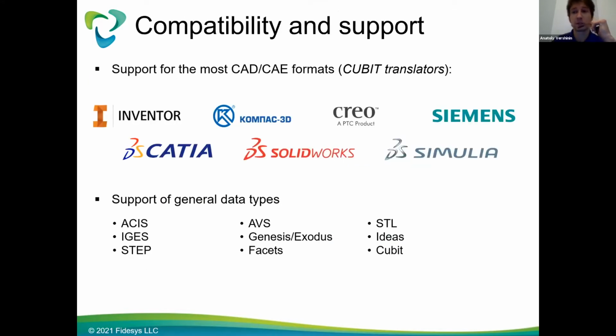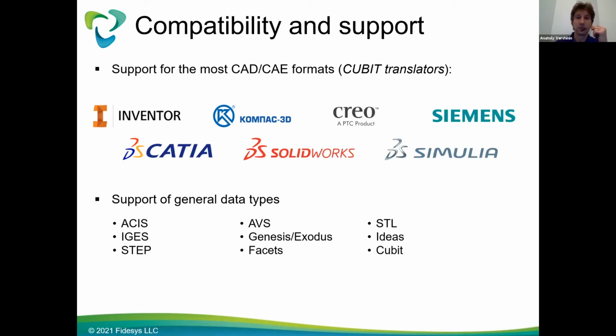Thanks to Cubit, which we use as a preprocessor, we also support different CAD formats for importing models into the preprocessor, because as is clear, CAE software very actively and very frequently uses CAD data formats as input.